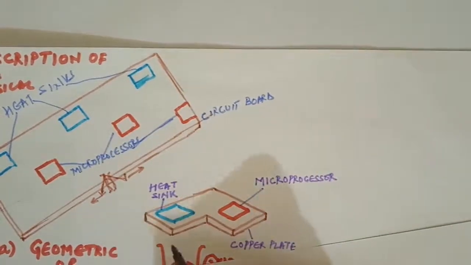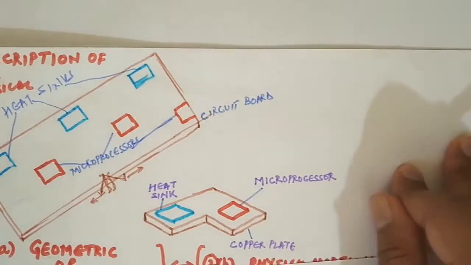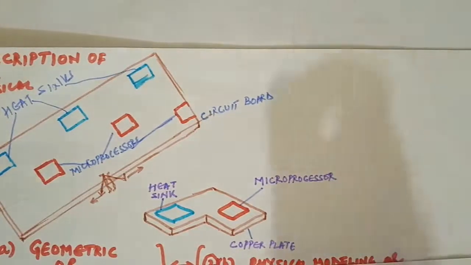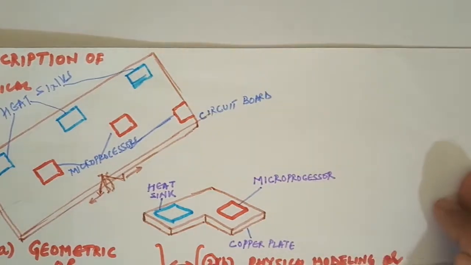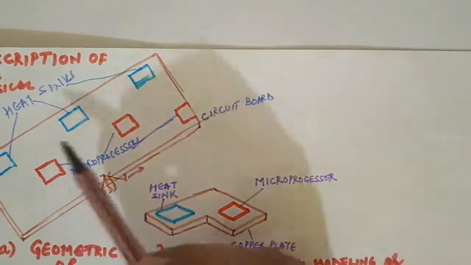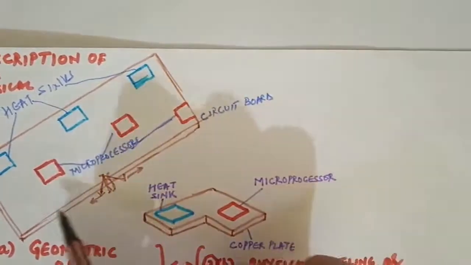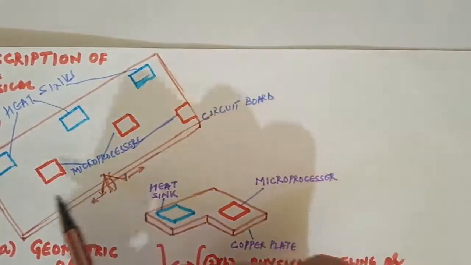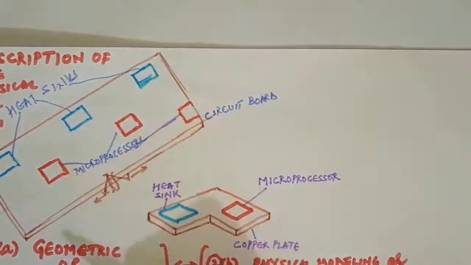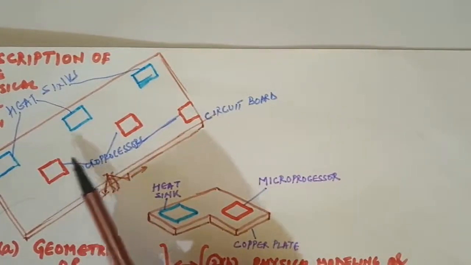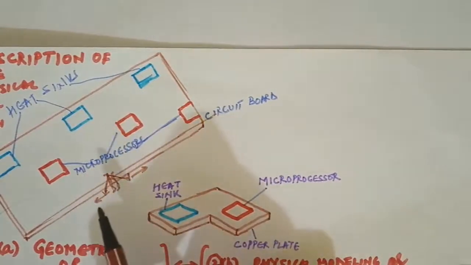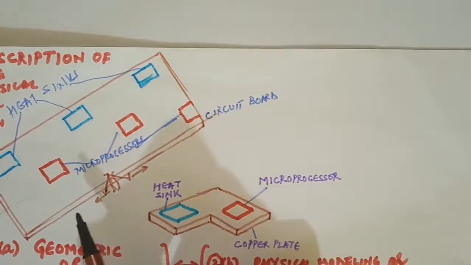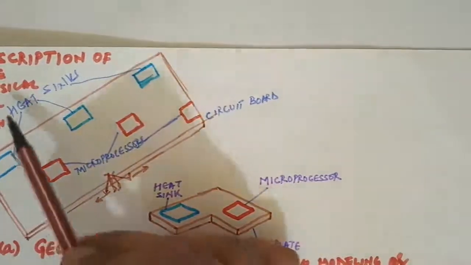Now, once we have done the simplification, the next step towards the analysis is called physical phenomena modeling. That is, this is a description of some kind of physical phenomena going on in a certain domain. Through geometric modeling, we have simplified the domain in which we need to understand the physics.